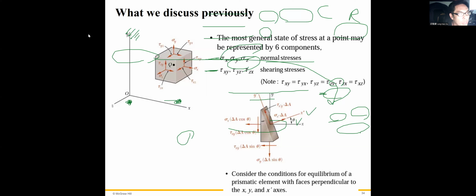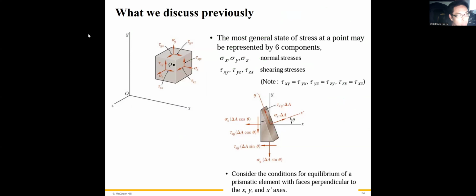Okay, so what we learned from this course or the mechanics of materials course is that we only focus on the general state of stress as presented by 6 components. We have the element, and we can cut through a specific angle.